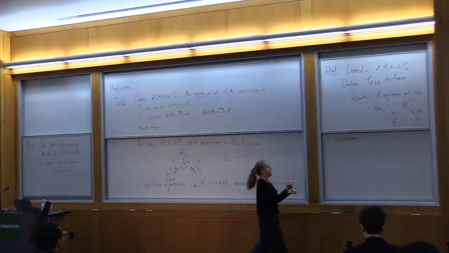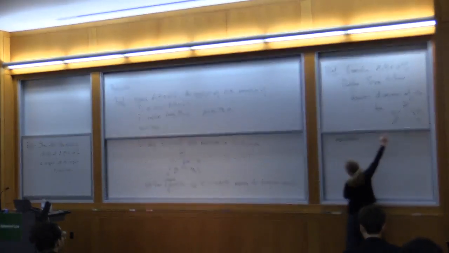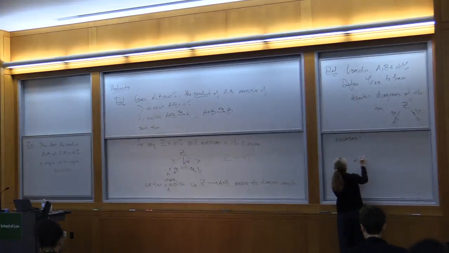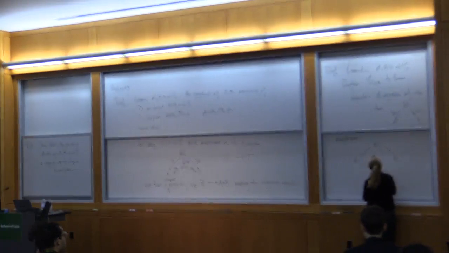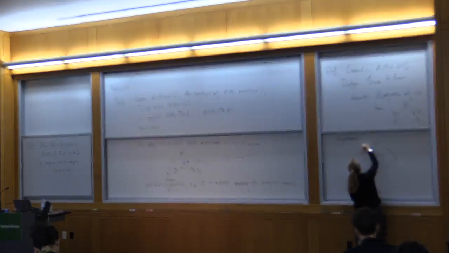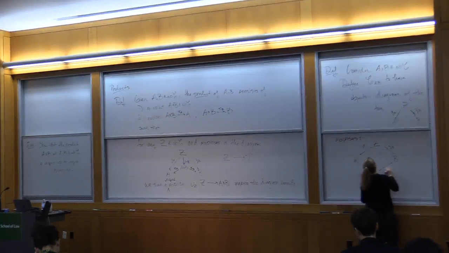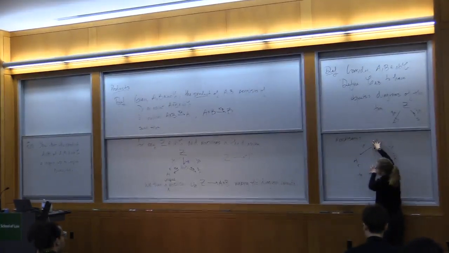So morphisms are going to be from, so we need two objects. Let's say we have one object like this, and one object like this, A and B, call this YA, YB. So we have these two objects.